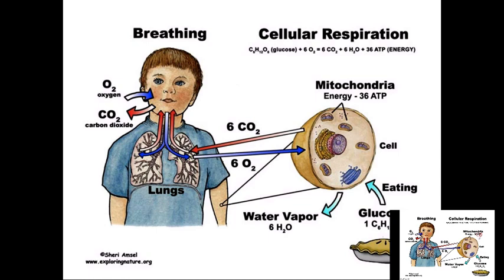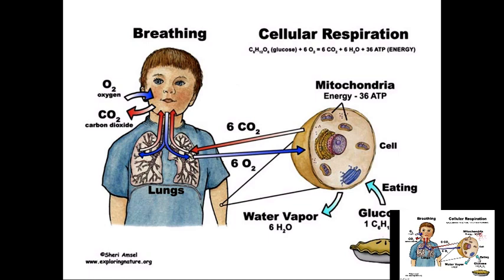And all it is is adenosine with one, two, three phosphates. So adenosine monophosphate, adenosine diphosphate, adenosine triphosphate, ATP. We need oxygen to do this.